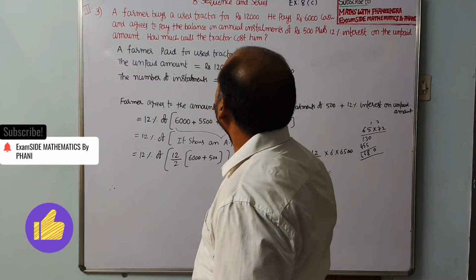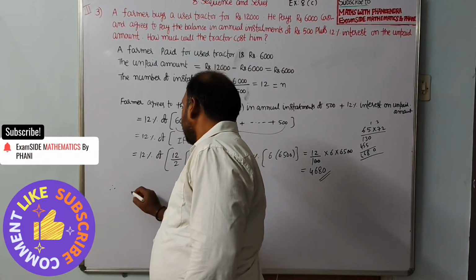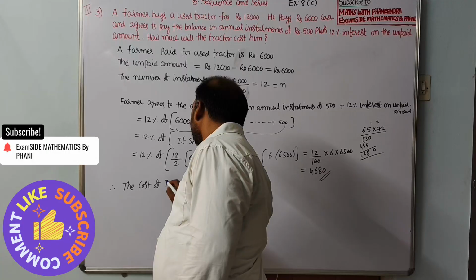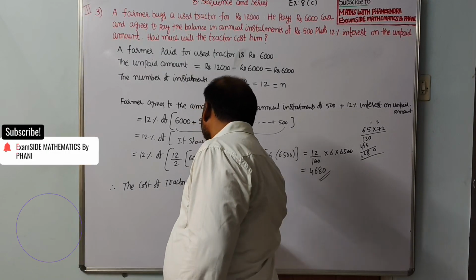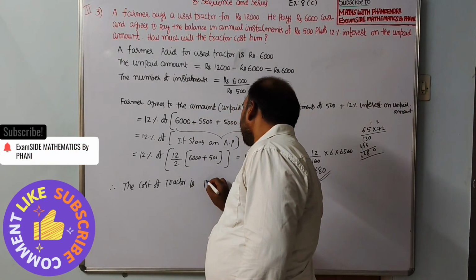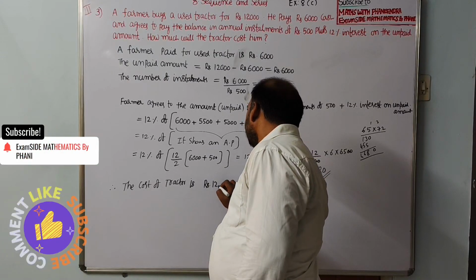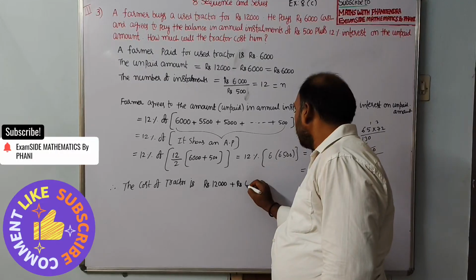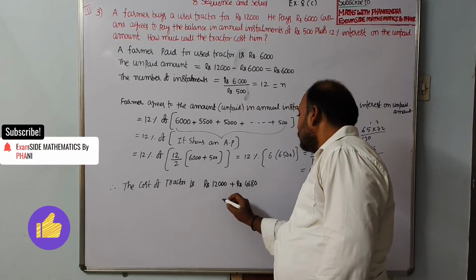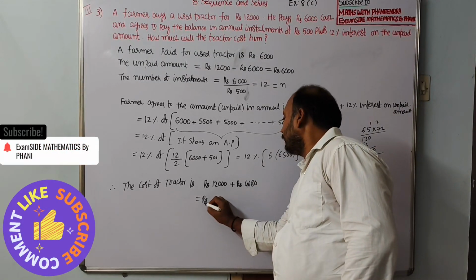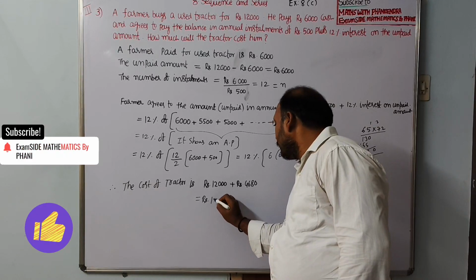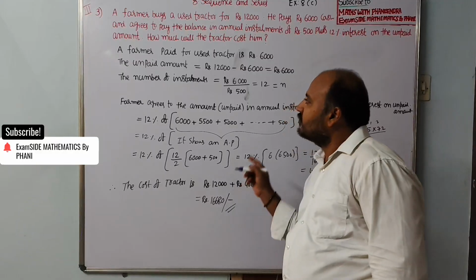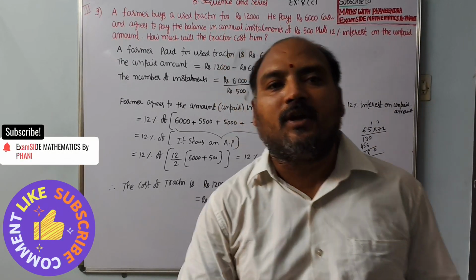Therefore, how much will the tractor cost? The cost of the tractor is 12,000 plus 4,680, which is equal to 16,680 rupees. Okay, this is the way we can do it. I hope you understand.